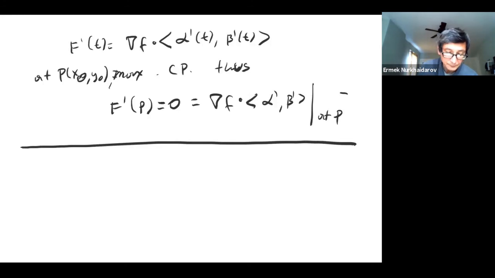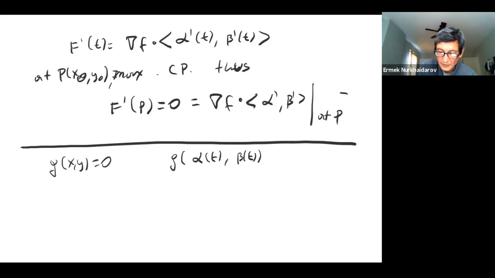Second observation: if you look at g of x, y, which equals 0, our constraint, and I substitute alpha of t and beta of t into it, it still equals 0. We're still staying on the same constraint, so it's still true.